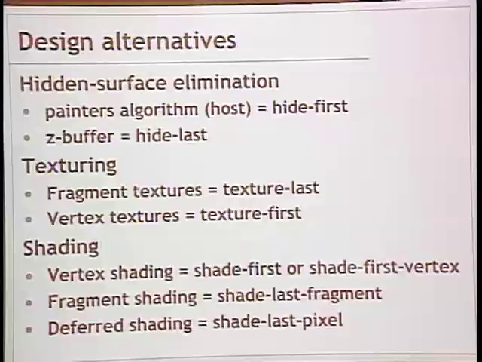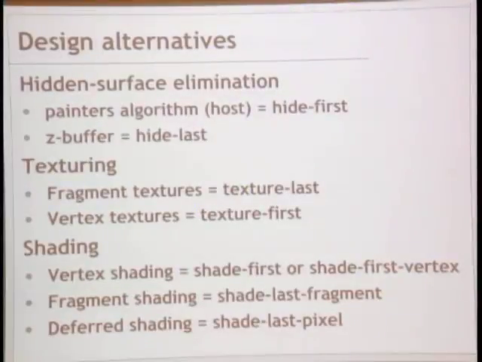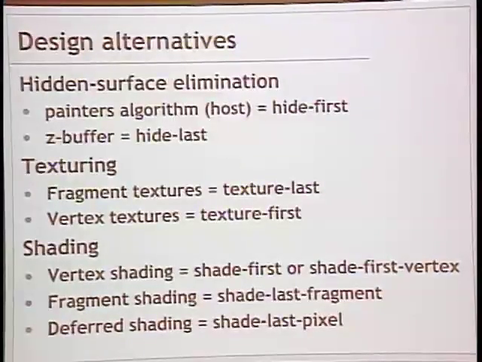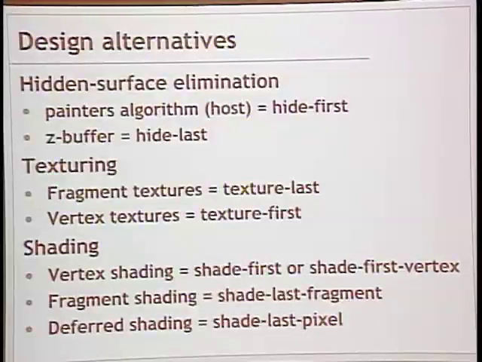It's the painter's algorithm because if I'm painting a picture, I start at the back of the scene and work my way forward, and the last thing I paint is the thing that's closest to me. If I render from back to front, then I don't ever have to have a depth buffer, because every time I get a new fragment, I write it, because it's always something closer than the fragment that came before. So I could have built a system in that way.